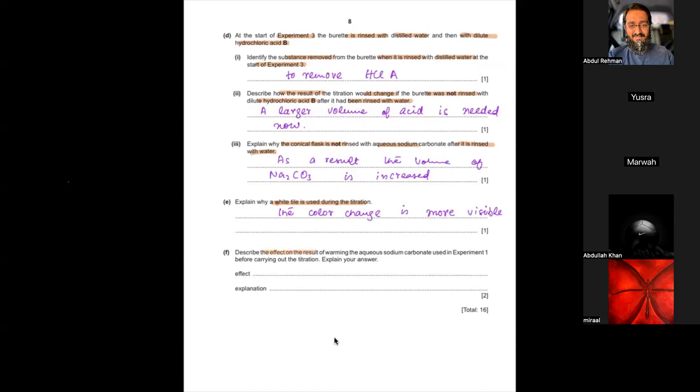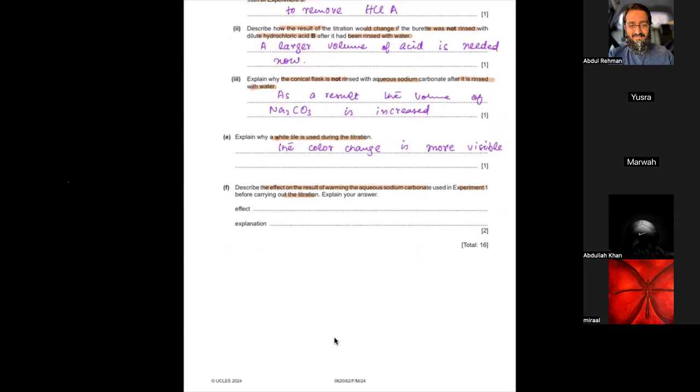Now, describe the effect on the result of heating the aqueous sodium carbonate used in experiment 1 before carrying out the titration. Explain your answer. So sodium carbonate is a group 1 carbonate, right? And there is no reaction on heating it.